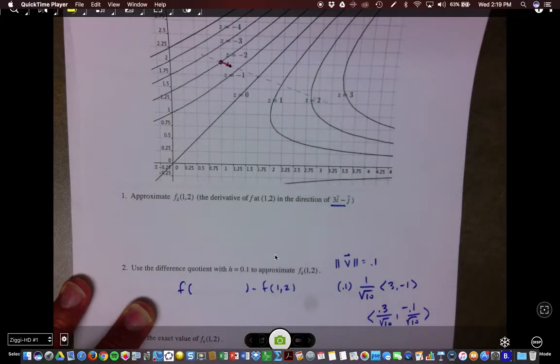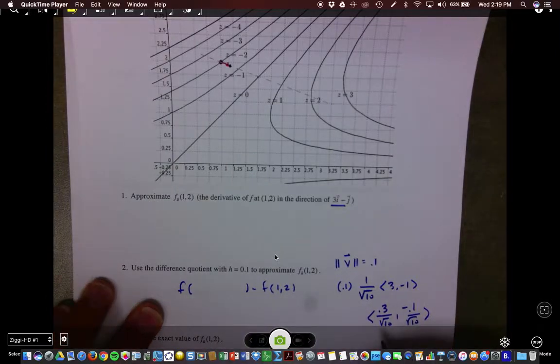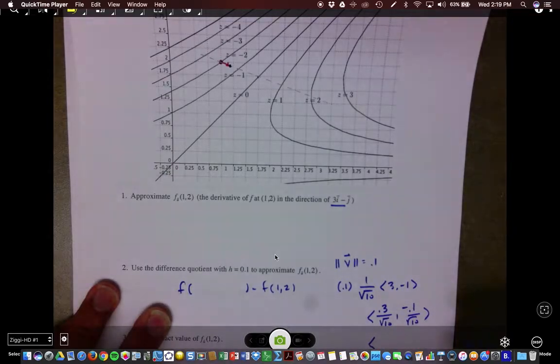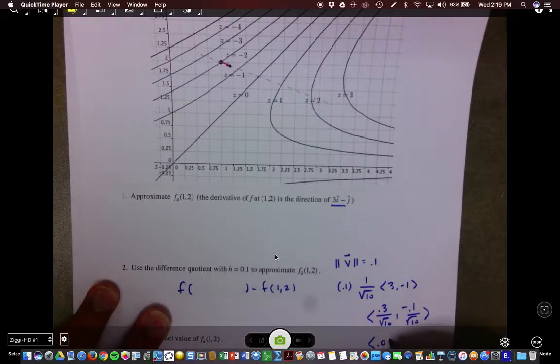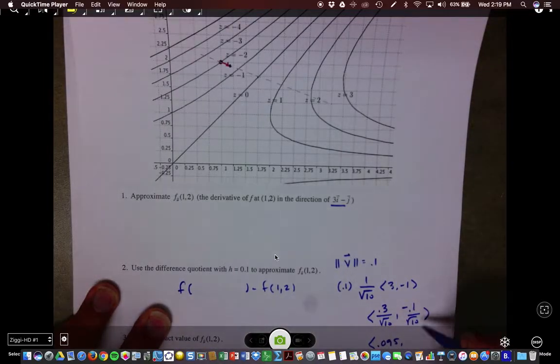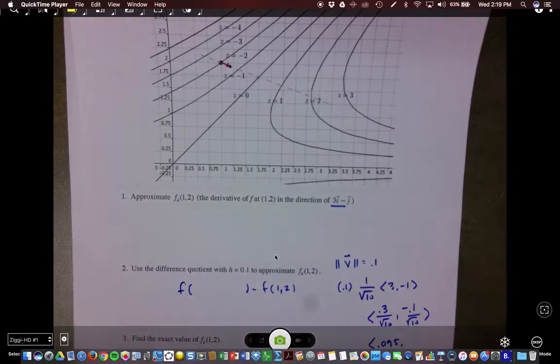When I do that, I'm going to do this as a decimal first of all. This 0.3 divided by the square root of 10 is about 0.095. And 0.1 over the square root of 10 is about, I've got to find that one, 0.1 divided by the square root of 10.